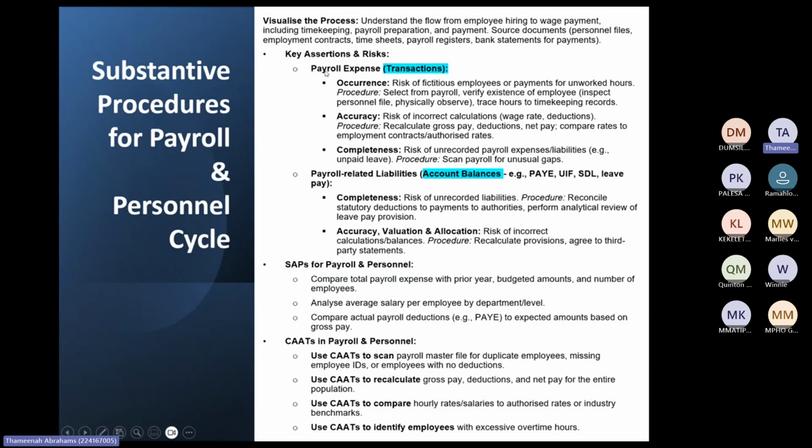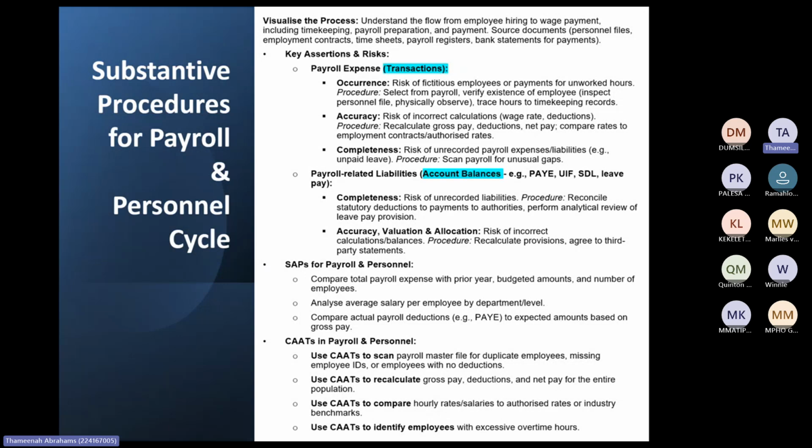So payroll itself is a transaction, because it's a salary and wages expense in the statement of profit and loss. There you look at occurrence, so there can be fictitious employees, and so forth. And then you look at accuracy, so there usually you'll recalculate wage rates if it's wages.